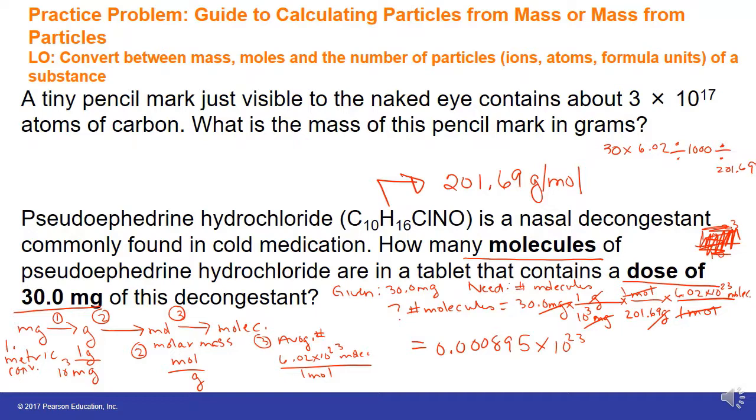So I end up with 0.000895 times 10 to the 23.